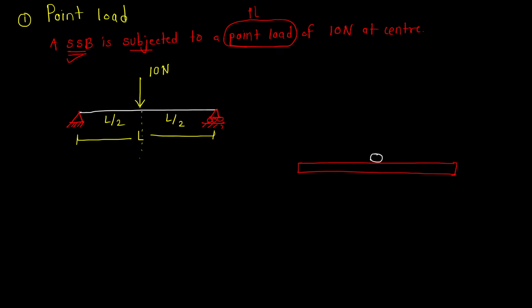Only one bag is present. This bag will have some weight, and that weight will be acting in the downward direction. So we can represent it as a beam having a load at the center, which is a point load. A point load is a load which acts at only one point.